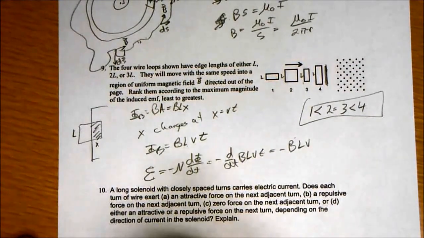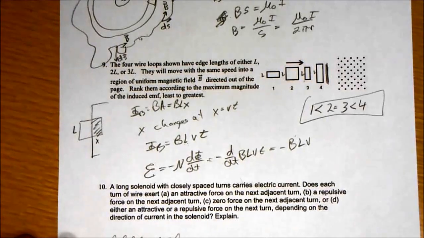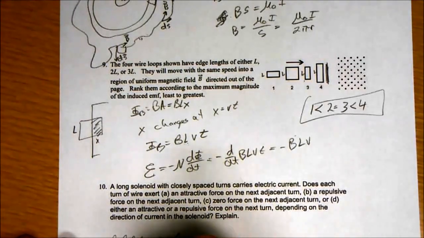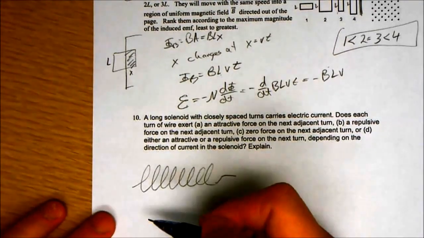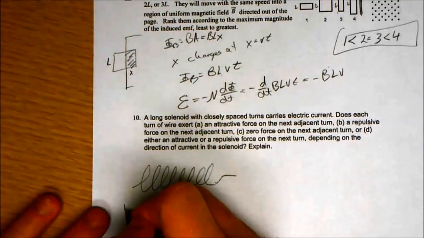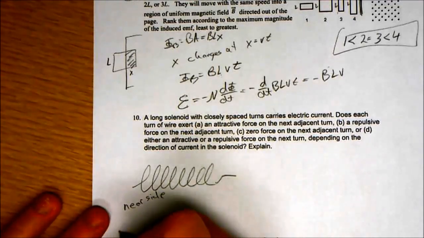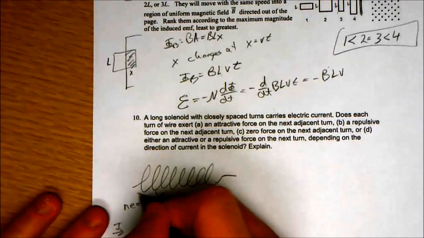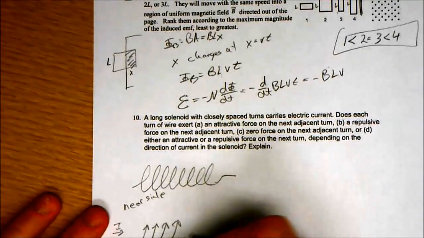So if you have a long solenoid and current is running through that solenoid, let's say I just look at the windings that are on my side, and the other windings are on the other side, the near side. Then if the current comes in here and goes like this, on my side the current will always be flowing up, and on the other side it's going to flow down.